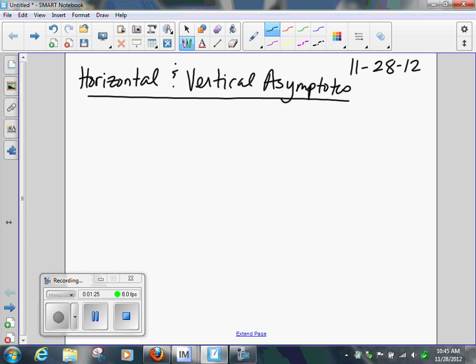So, we were told that any function has two parts. We're talking about our rational functions. It has a numerator and a denominator, and I think it's called a of x over b of x.